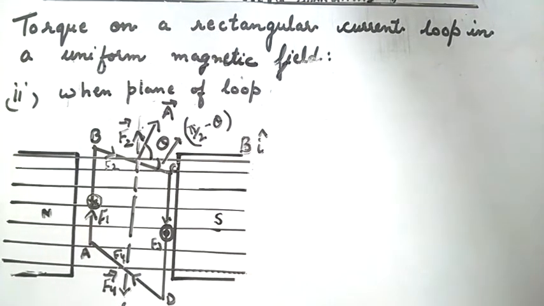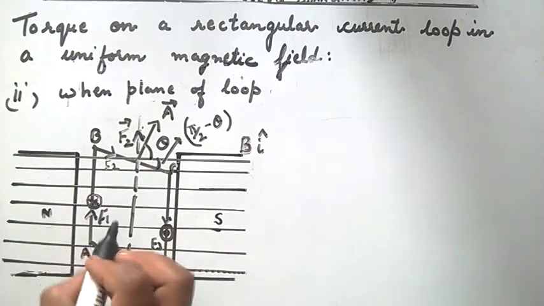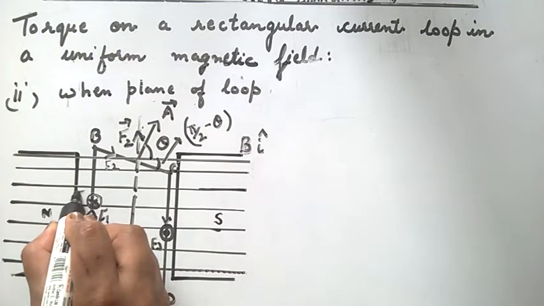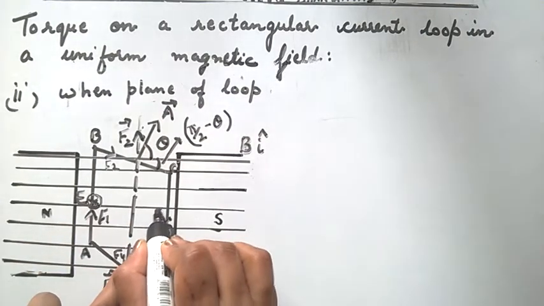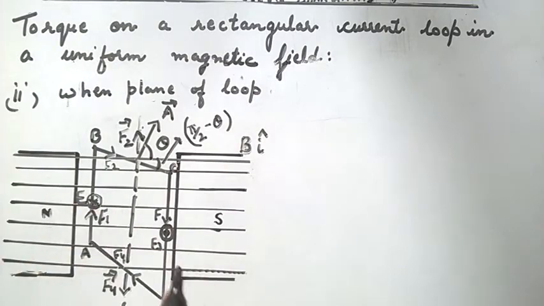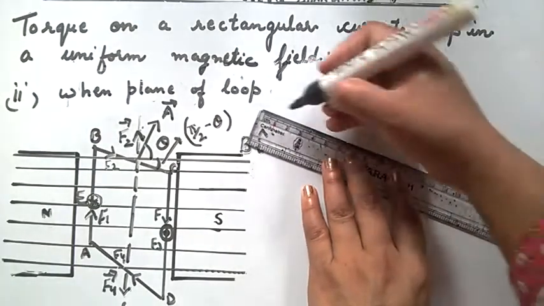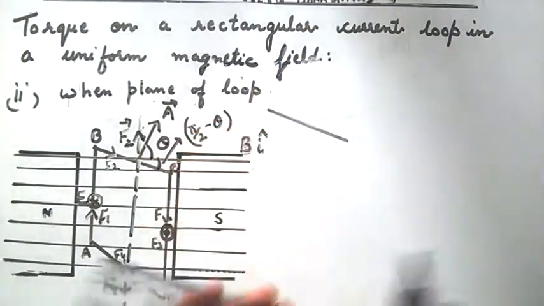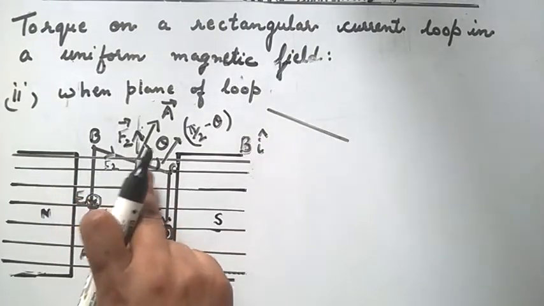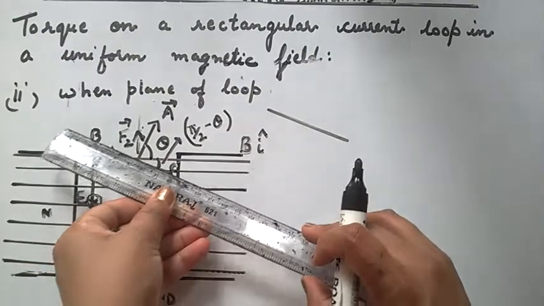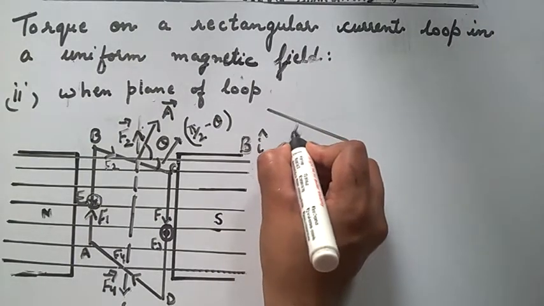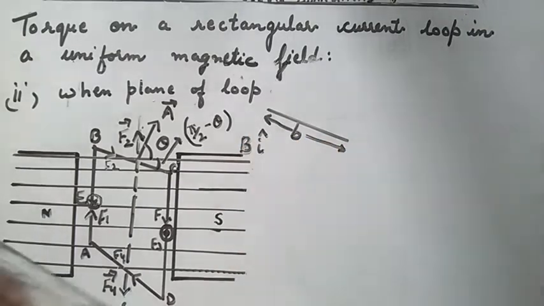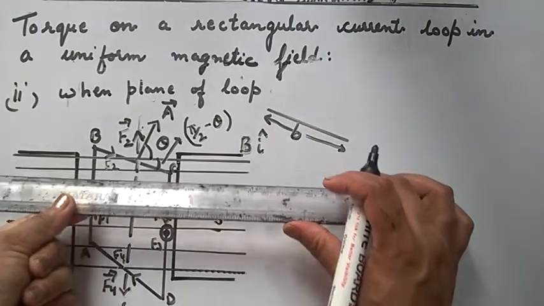Let us consider this point as D, E, and this is point F. Now the distance of this point E and F is B, because EF is parallel to BC, therefore this distance is equal to breadth. Now these magnetic field lines are horizontal lines making an angle pi by 2 minus theta.